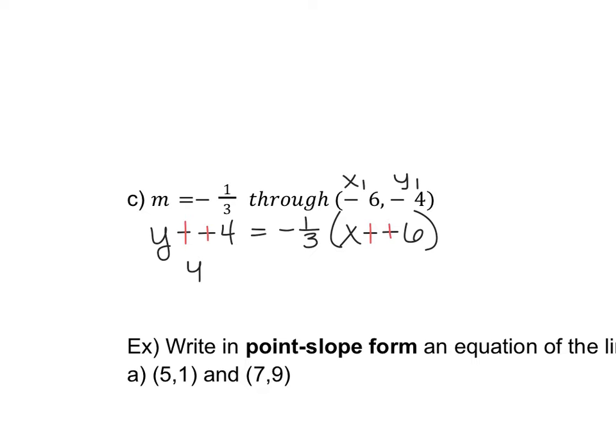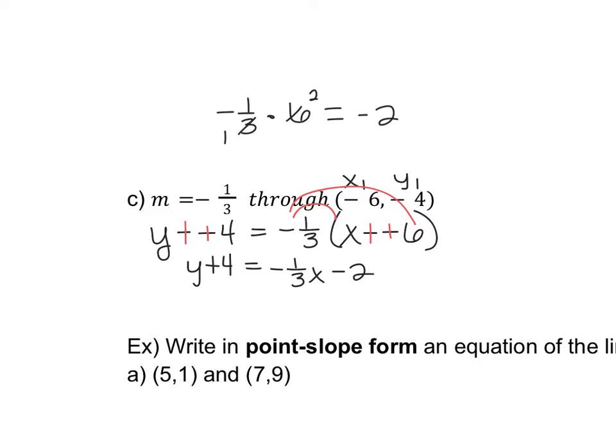So now I have y plus 4 equals, let's go ahead and distribute. Go slow on your distributing because there's a fraction. Negative 1/3 times x would give you negative 1/3 x. Negative 1/3 times 6. If you're not great at fractions, make your calculator do it. That would be negative 2, so minus 2.